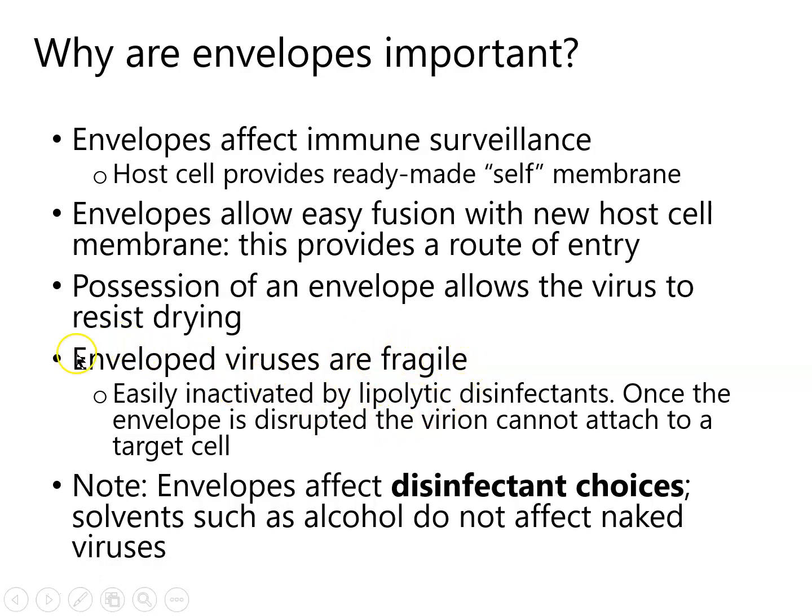They are fragile. You can use ethanol to disrupt the envelope. And if it disrupts the envelope, the virus can't get into host cells. So that's why something like a hand sanitizer can be useful against viruses that have envelopes, because it disrupts the envelope.